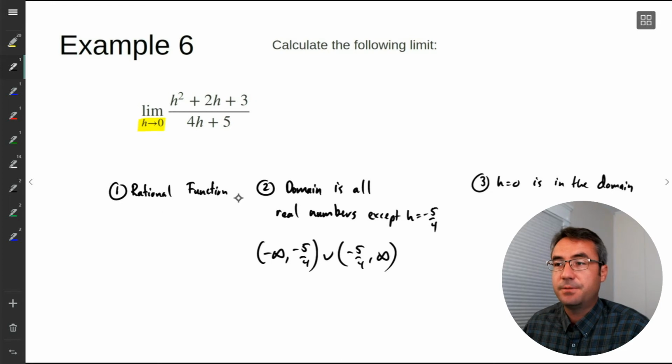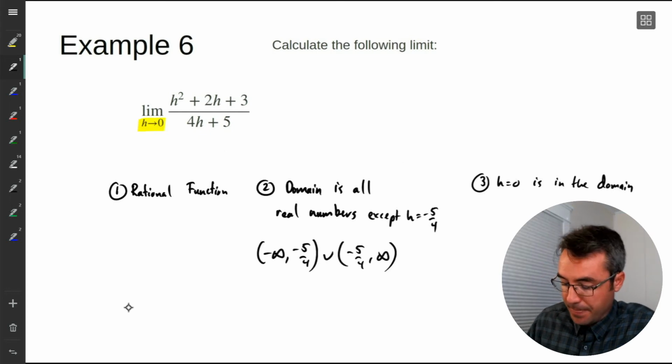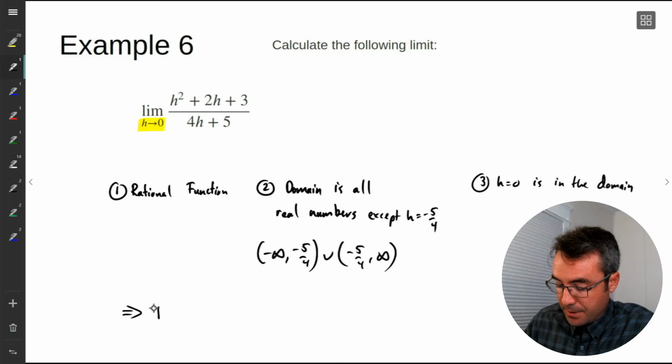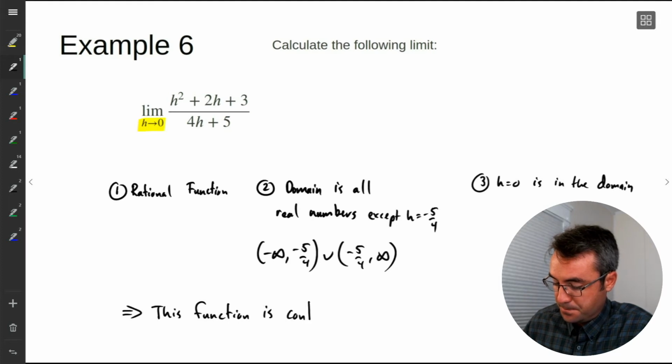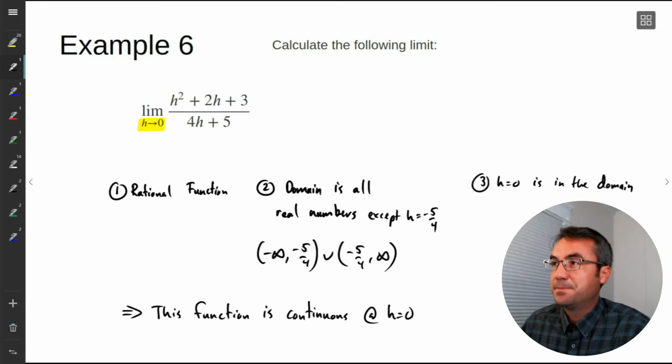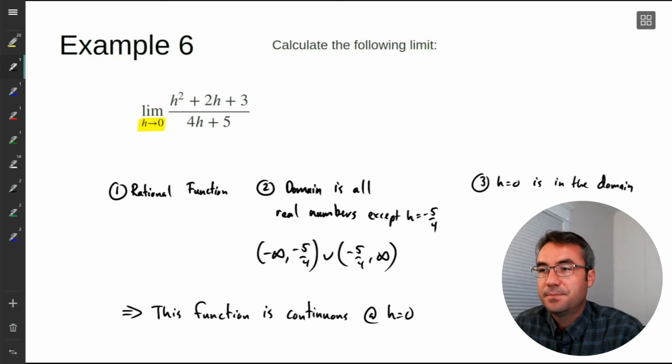We have a rational function, we've figured out the domain, and we see that the number we're interested in, h equals 0, is in the domain. So putting that all together, this function is continuous at h equals 0. It's a rational function, 0 is in the domain, so it's continuous there.